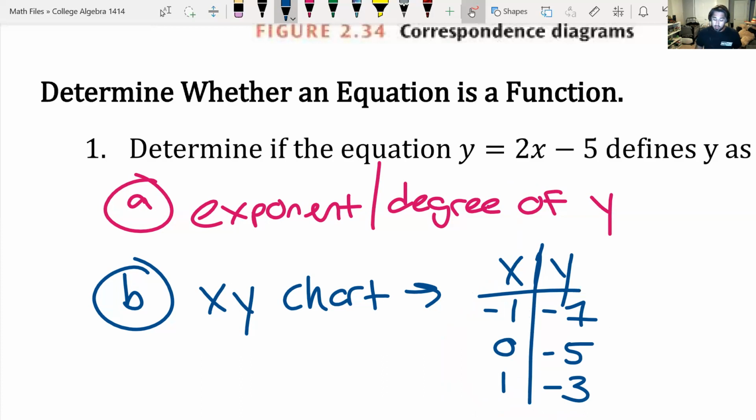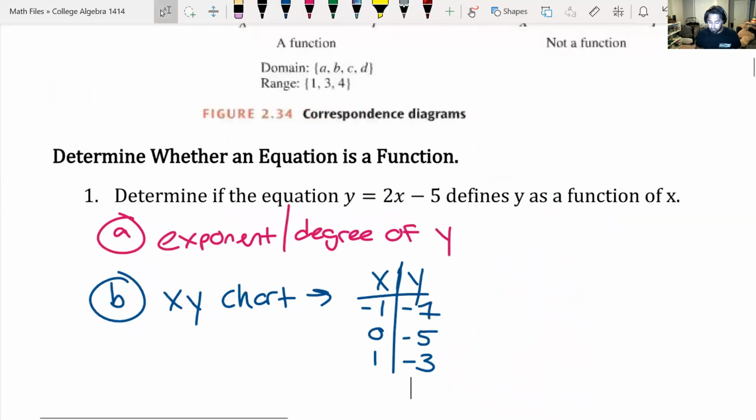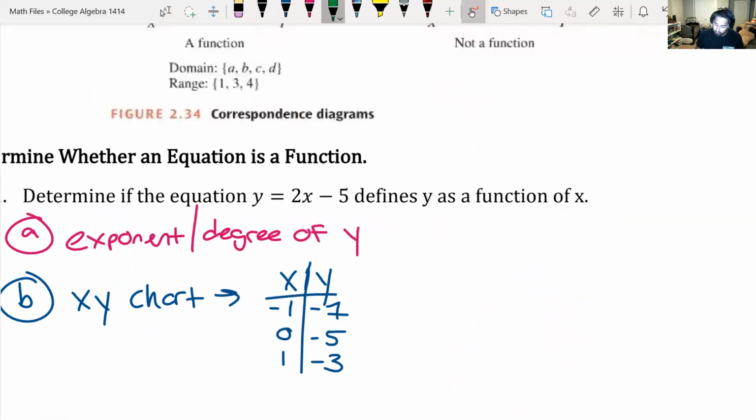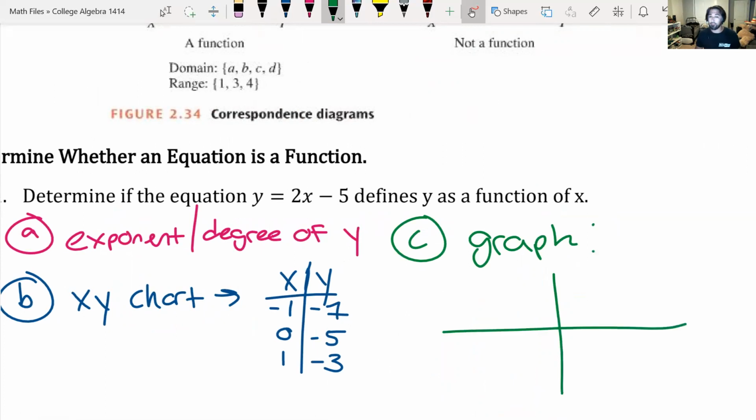Okay. And then the third way of checking is, well, graph it. If you were to graph this function, I'm just going to do a sketch. Your function would start at -5, and then our slope is positive, so it would go like this. And graphing it to show that it is a function means that it shows that every x does have a y value.